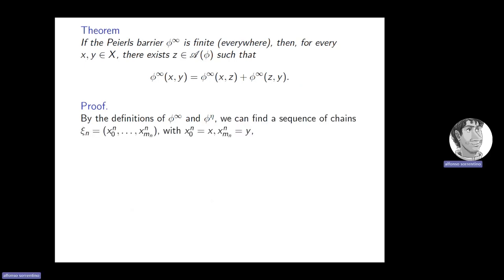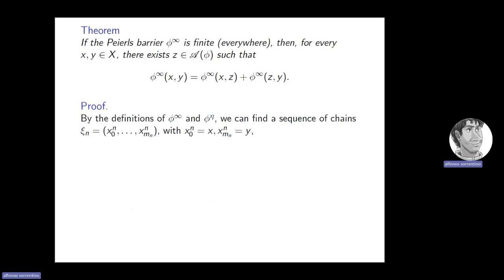I need to prove that. How do I compute phi infinity of xy? I have to take the limit of the phi eta for eta going to infinity, and then take a chain approximating each phi eta.